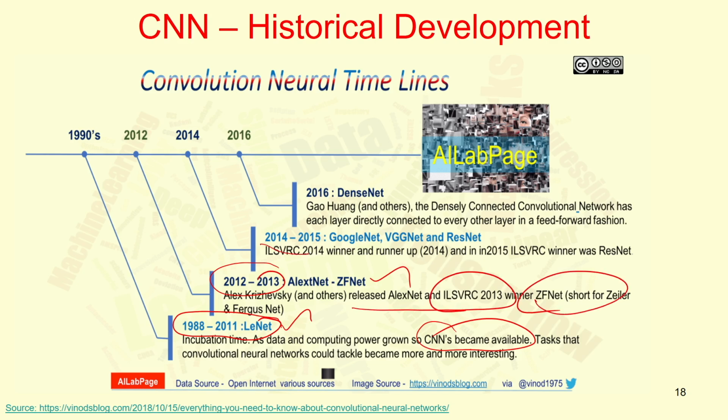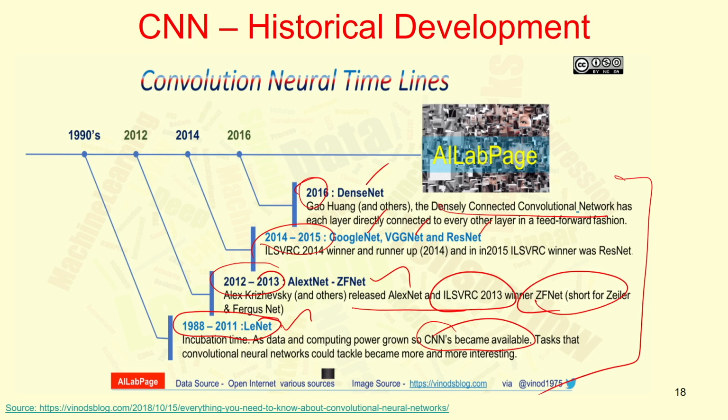And in the years 2014 to 2015, we got three more neural network models: GoogleNet, VGGNet, and ResNet. And in the year 2016, we got another one called DenseNet, the densely connected convolutional neural network. So, these are all the various developments in the convolutional neural network model.